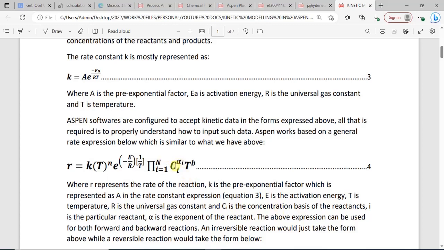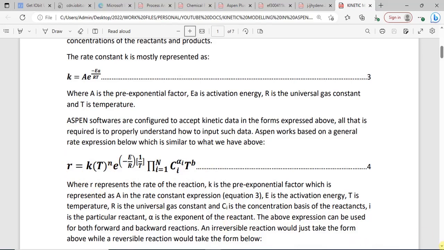Then you also have alpha. Alpha is the exponent of each of the reactants, right? So the reactant exponent, that is what you have as alpha. So this is the general equation that Aspen software actually works with.